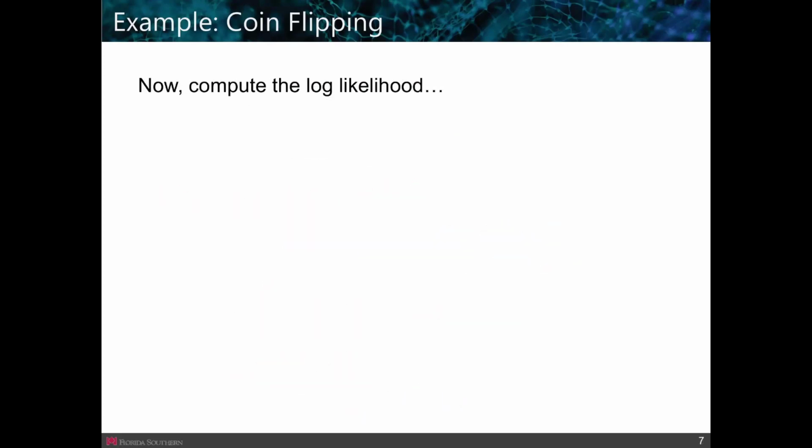Now, we haven't quite done the log yet, so that's where we need to go now. To compute the log likelihood, I'm going to define this as L, kind of this fancy cursive L here. The log likelihood of a given parameter theta is going to be equal to the natural log of that probability that we just saw, d given theta. So we already have an expression for that probability, so we can write the natural log of theta to the alpha h times 1 minus theta to the alpha t.